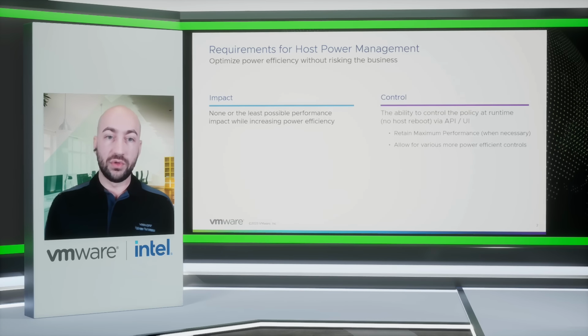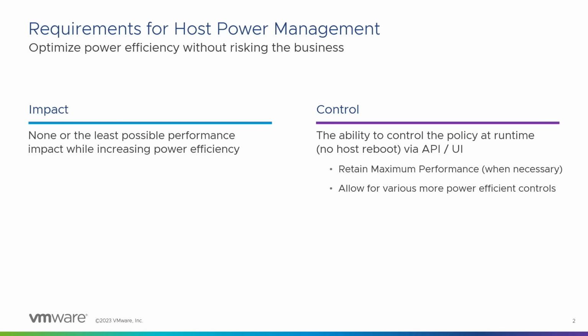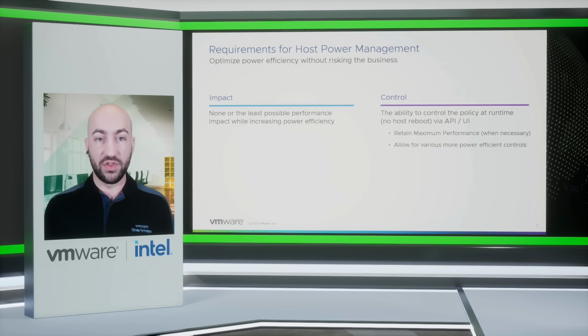When we talk about control, we do want to retain 100% control. We always want to be able to run at maximum performance without any power efficiencies whenever it becomes necessary, whether that is a specific situation, for specific workloads, or at specific times of day. We always need to be able to retain 100% control.